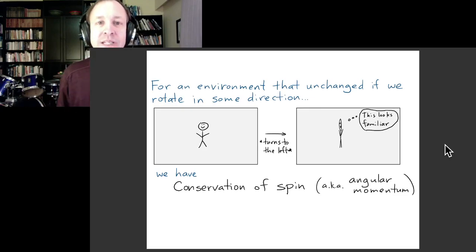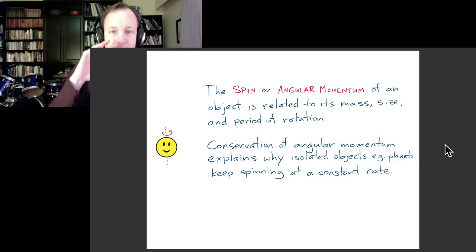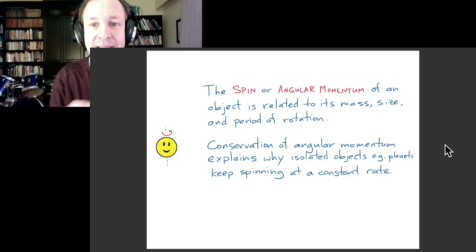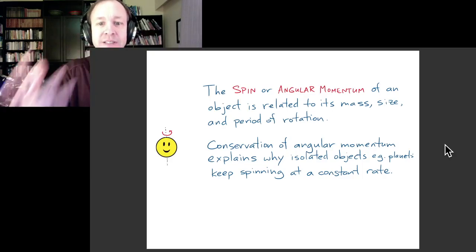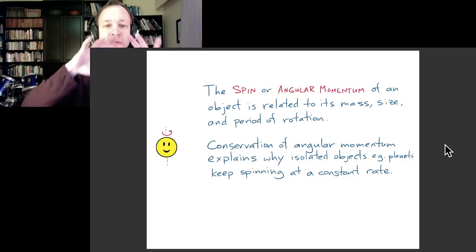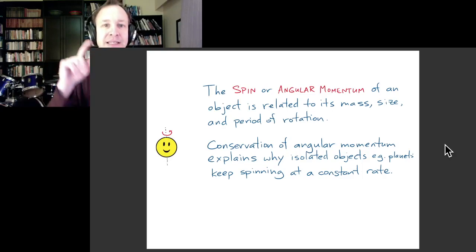And what is spin? What is angular momentum? Well, this has to do with rotations. The spin or angular momentum of an object is related to its mass, its size, and its period of rotation. So the conservation of angular momentum would say that if you have an object of a fixed mass and it's not changing its size, then it will continue to rotate with a fixed period.